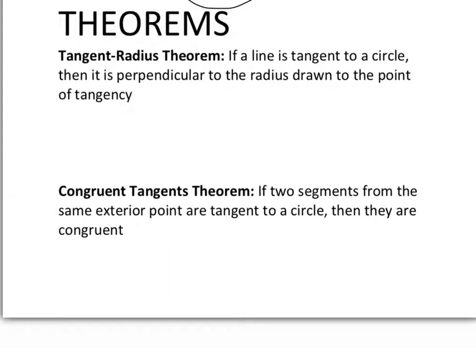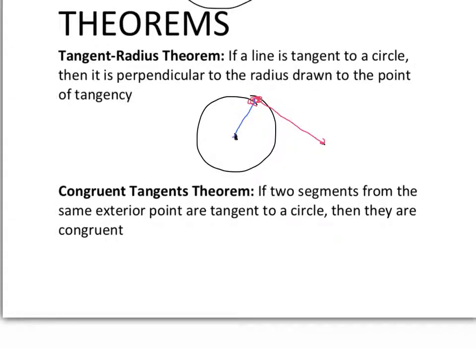All right, so the tangent radius theorem tells us that if you have a line that's tangent to a circle, okay, so I'll draw the tangent here in red. It's tangent to that circle. Let's just say that's tangent, right? Intersects at that point of tangency. And then you draw a radius from that point of tangency, okay?